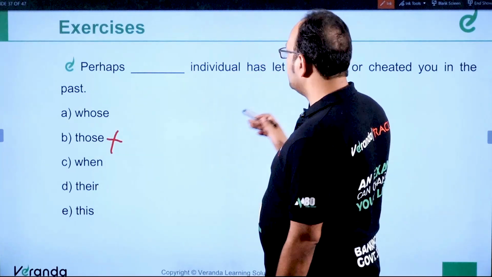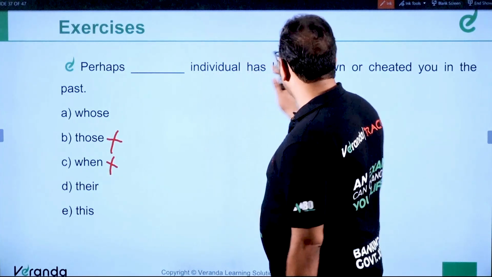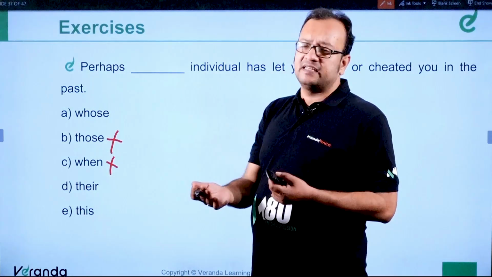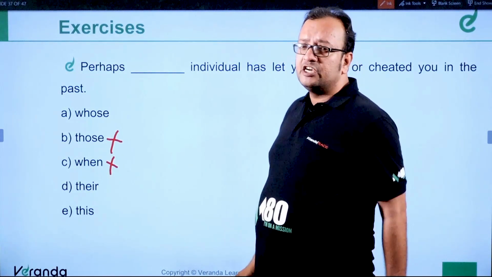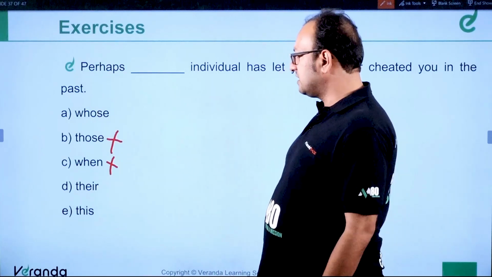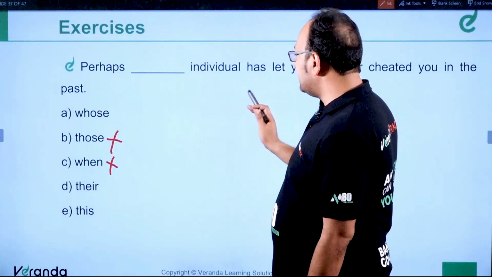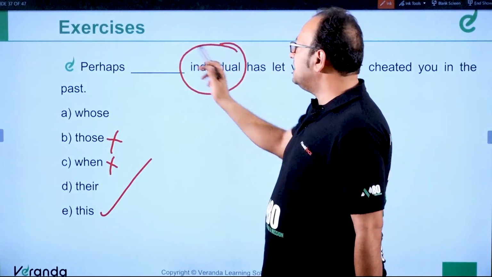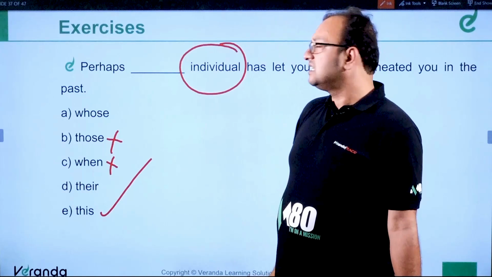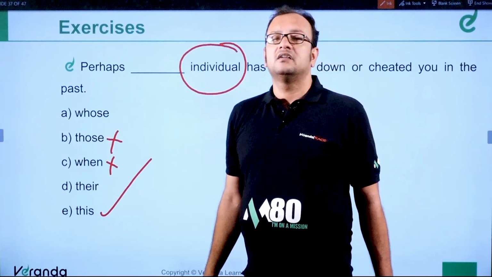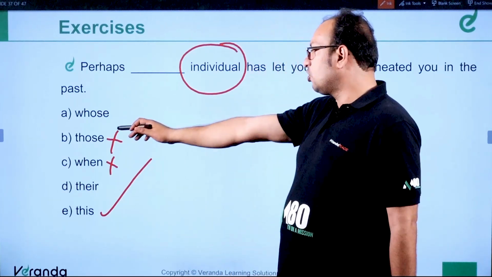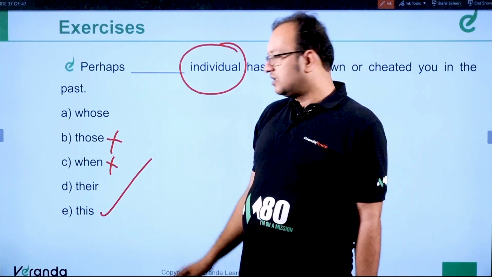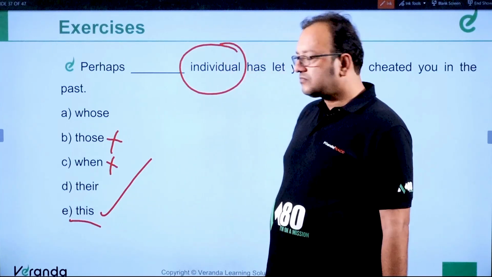If it were when, then it would have some extra part in the sentence, like when an individual had cheated you, then you would have done this. So that's not correct. Perhaps this individual, because this is singular. So we need a demonstrative adjective, which is this, not these, not there, not when, not those, not whose. This is the correct answer.